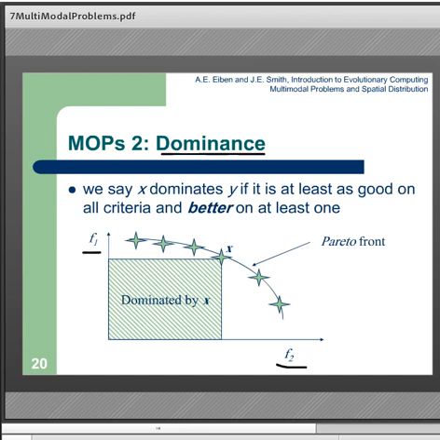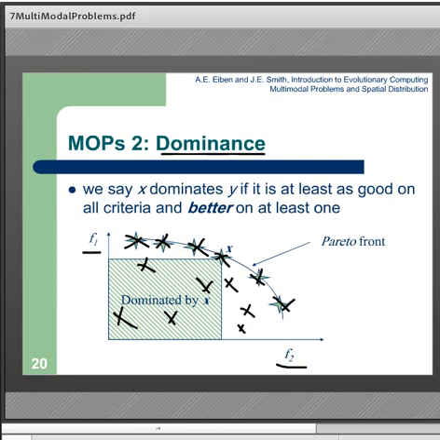In this shape, we have two fitness, fitness F1 and F2, and we have some solutions. We have some solutions here, here. It is a solution or element, and all of these are elements.